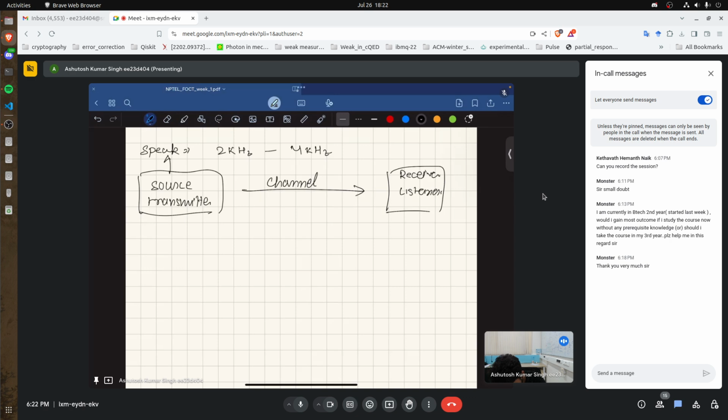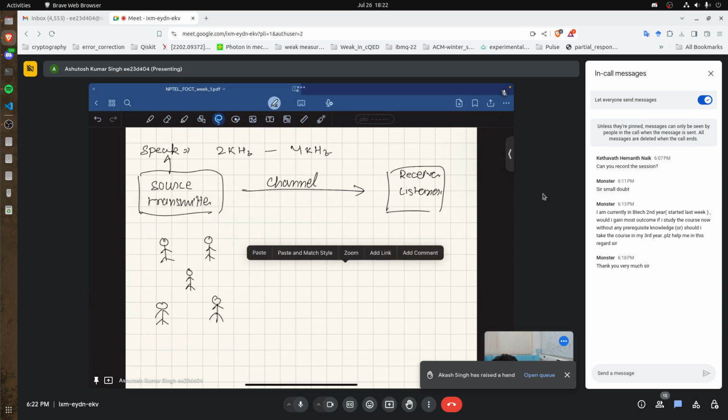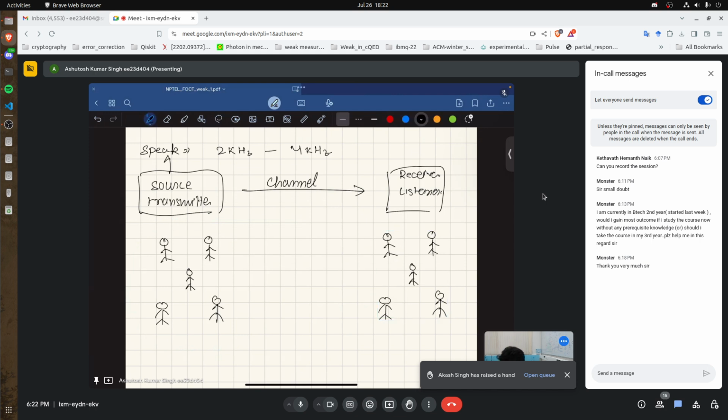You can understand it this way: there are 5 people, and there are 5 receivers.